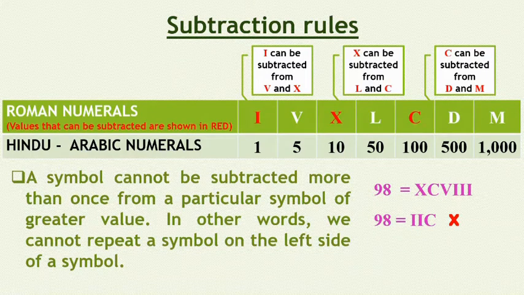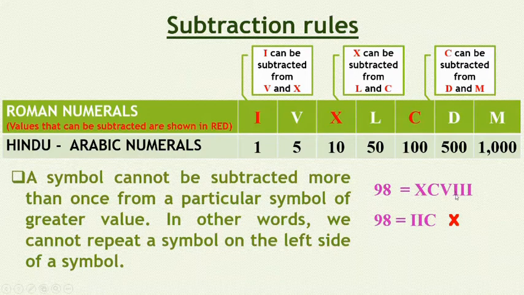This is correct because X's value is 10 and C's value is 100. So we have to subtract 110. If you subtract 110, we will get 90. And we will cut this 90 off.